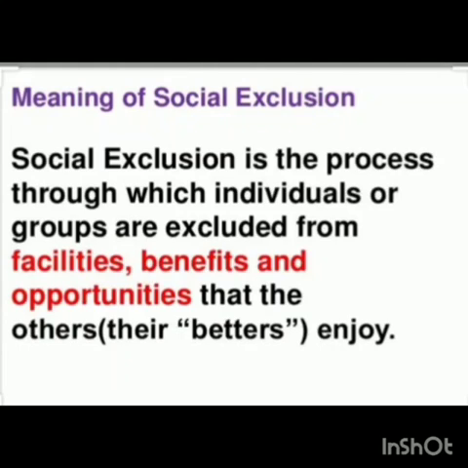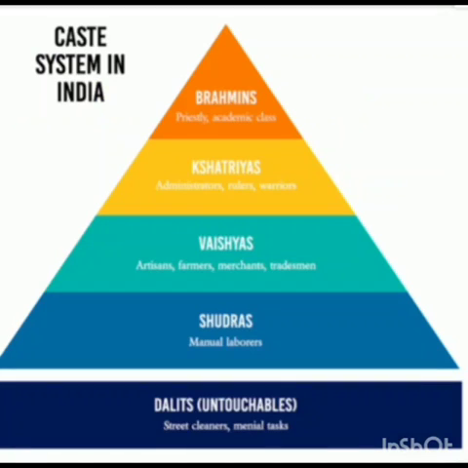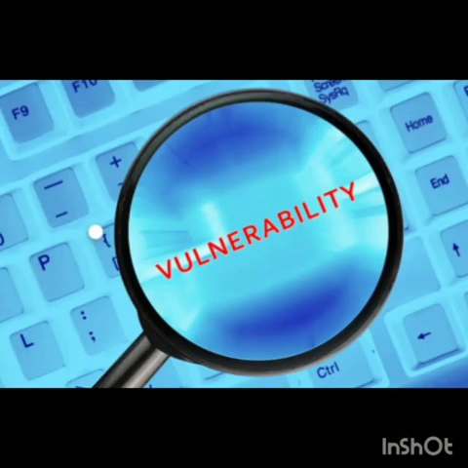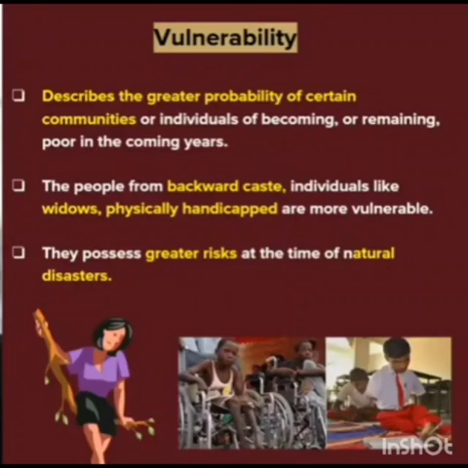A typical example of this is the caste system in India, in which people belonging to certain castes are excluded from equal opportunities. Now we'll talk about vulnerability. Vulnerability to poverty is a measure which describes the greater probability of certain communities becoming or remaining poor in the coming years.